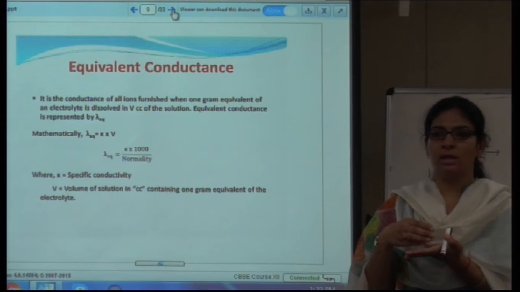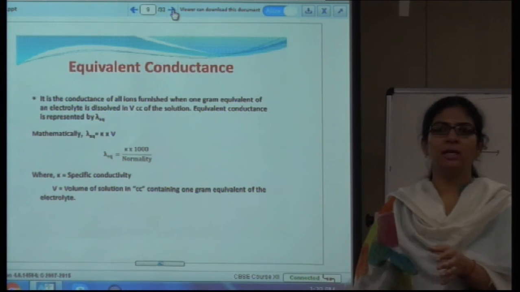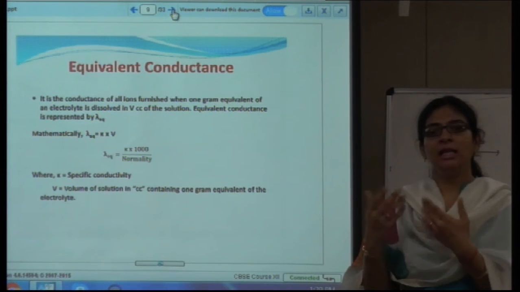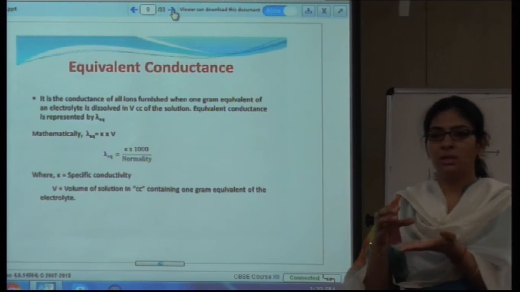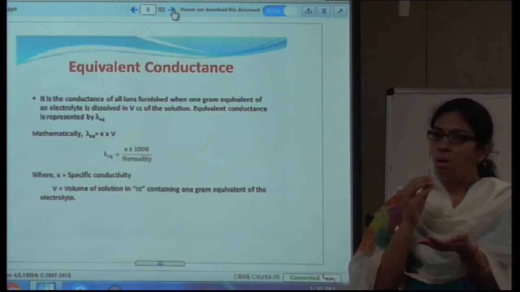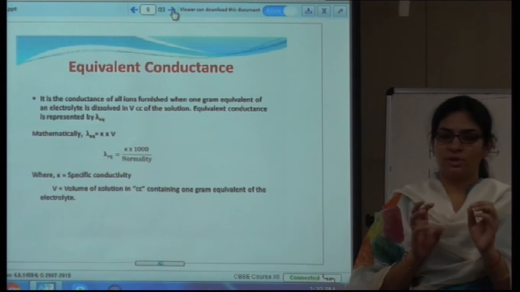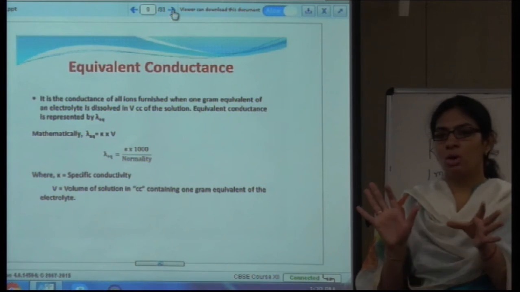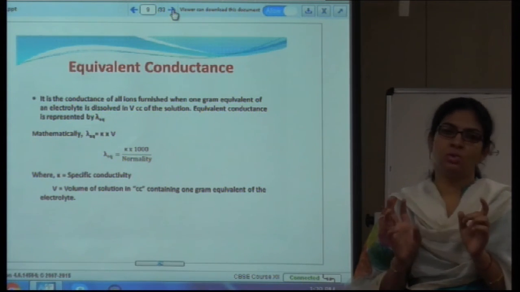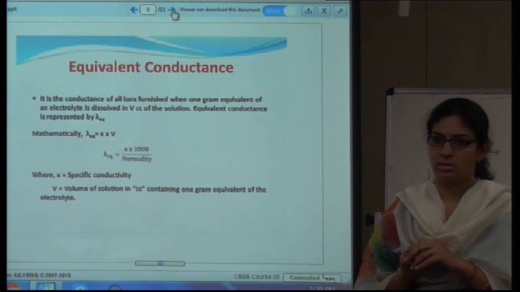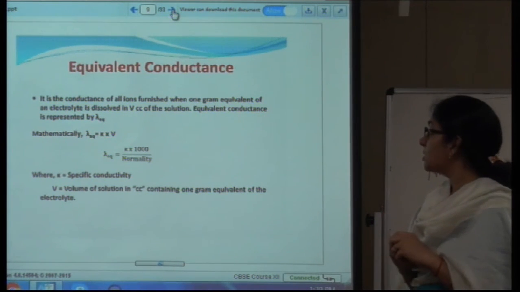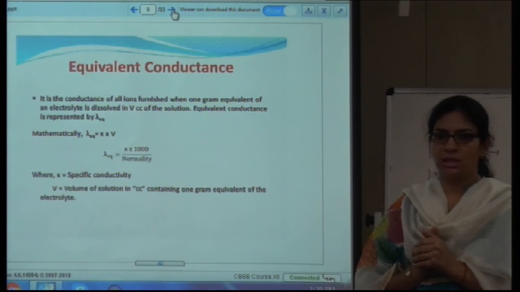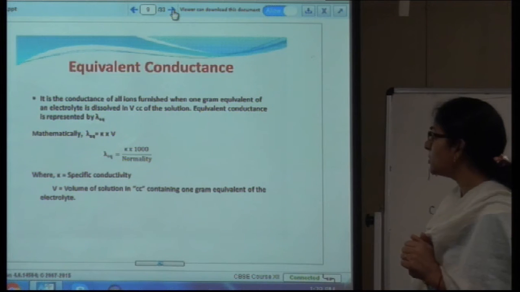It is 1 gram equivalent. If 1 gram equivalent of an electrolyte is taken in any volume, say V volume, then the conduction caused by all the ions furnished by 1 gram equivalent is known as equivalent conductance, right? It is represented by lambda, lambda EQ stands for equivalent conductance.